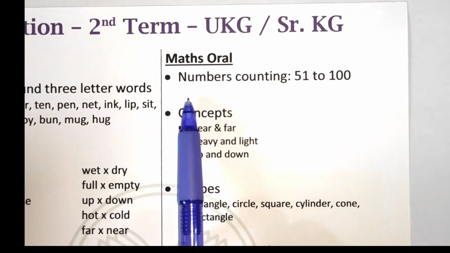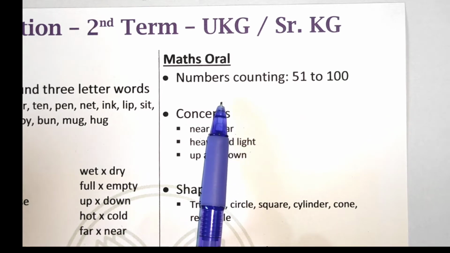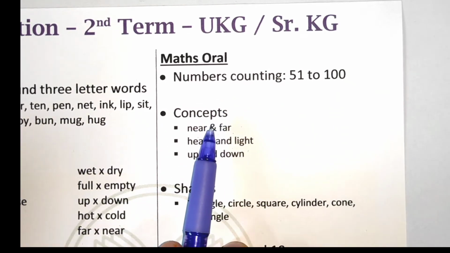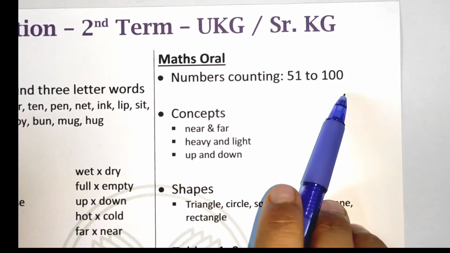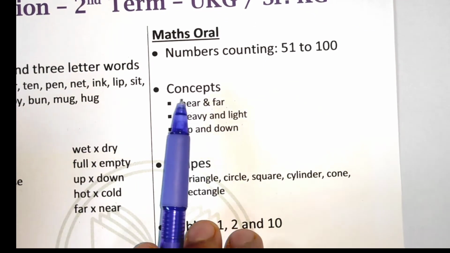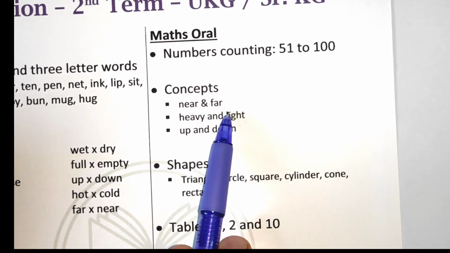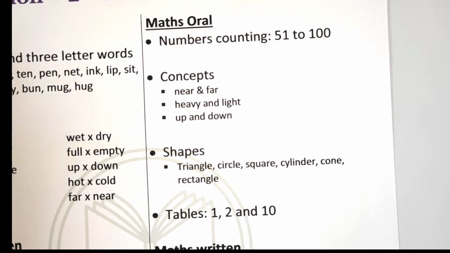The next is maths oral. We have already learned numbers 1 to 50 in first term. Now we will learn and practice numbers 51 to 100. We also see some concepts, for example, near and far, heavy and light, up and down.